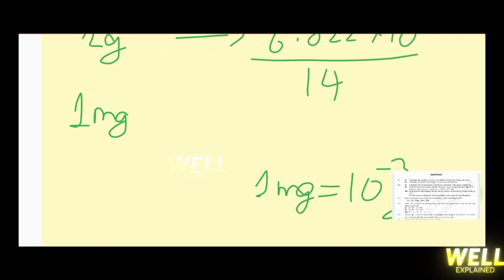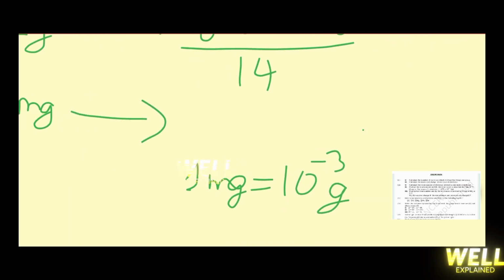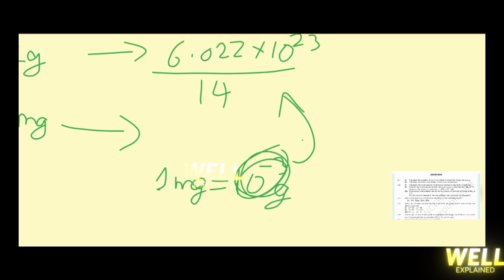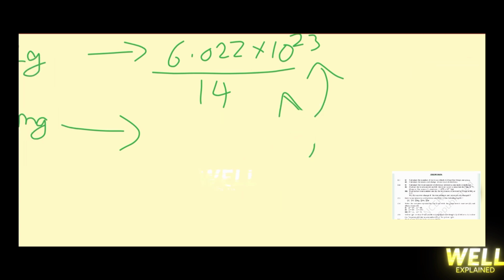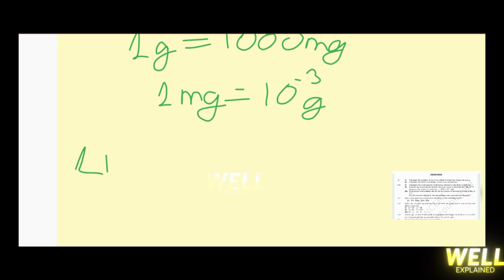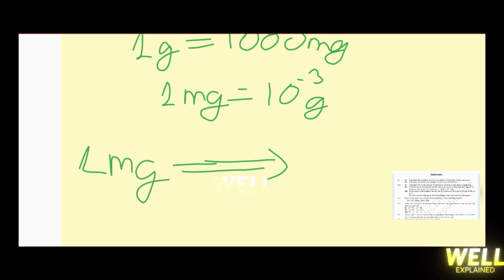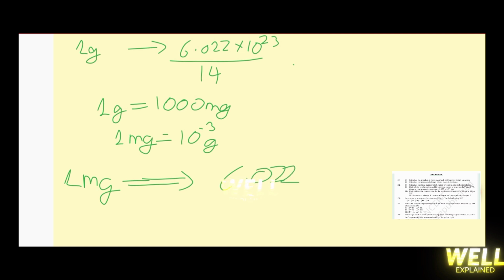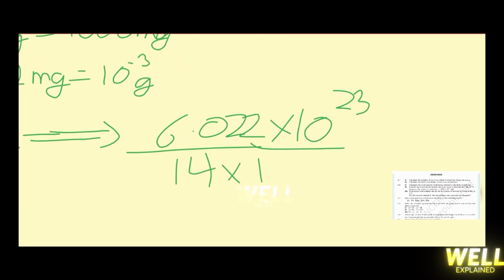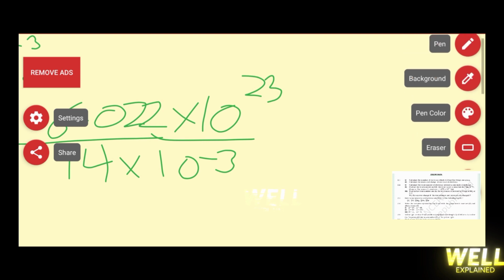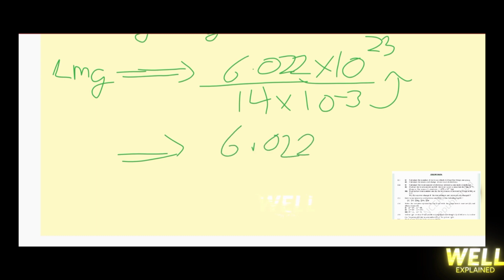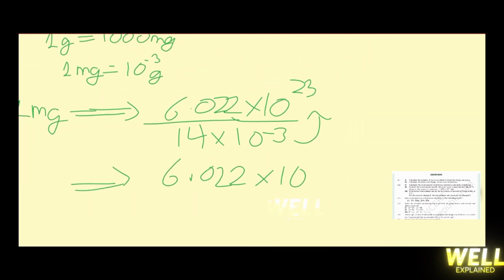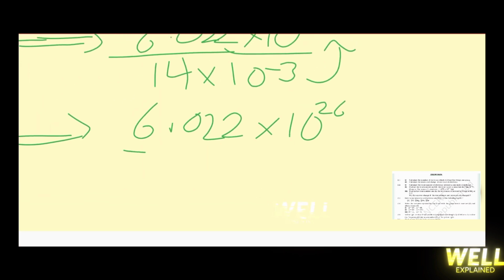So this will go here in divide, and since it is 10 to the power minus 3, I can take it up as 10 to the power 3. 1 milligram, 6.022 into 10 to the power 23 divided by 14 into 10 to the power minus 3, and I can take it up as 10 to the power 3, which will give 6.022 into 10 to the power 23 plus 3, which is 26, divided by 14.